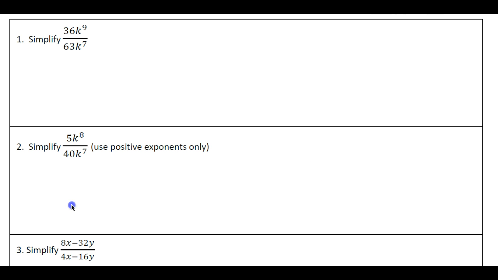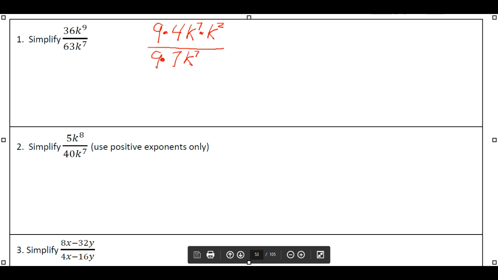So as we look, what you might do physically or mentally is factor this into, in a sense, some ones. As we see here, 9 times 4 is 36, and then 63 is 9 times 7. So the 9s would cancel out.